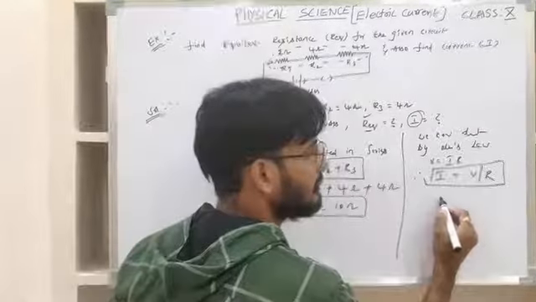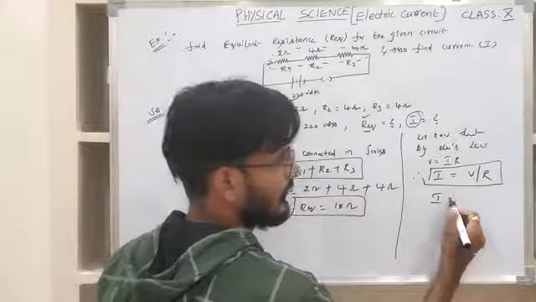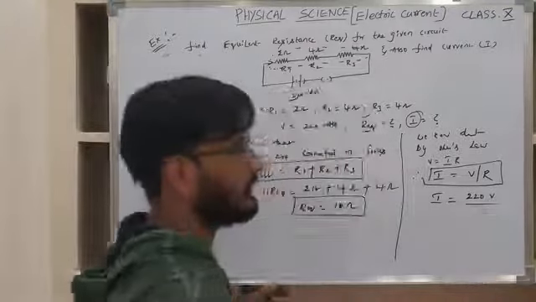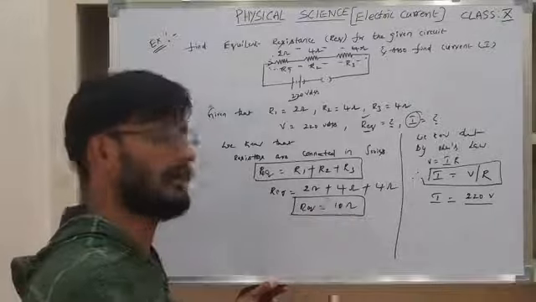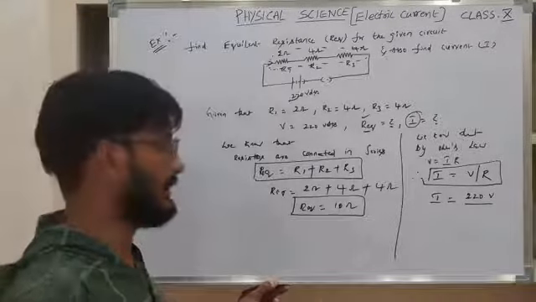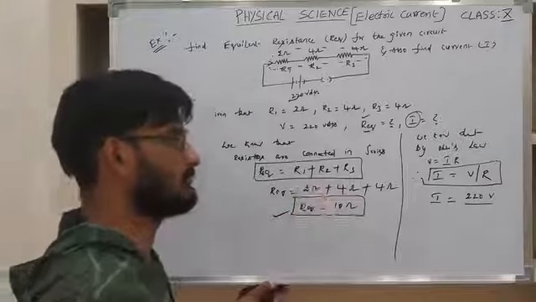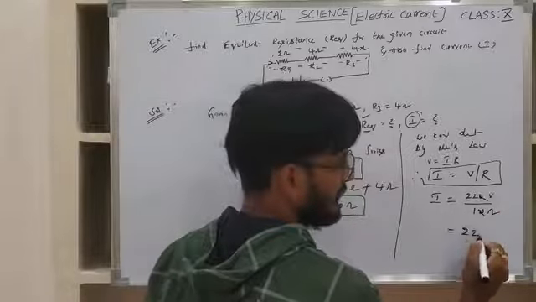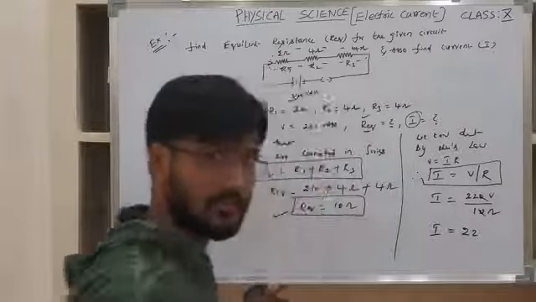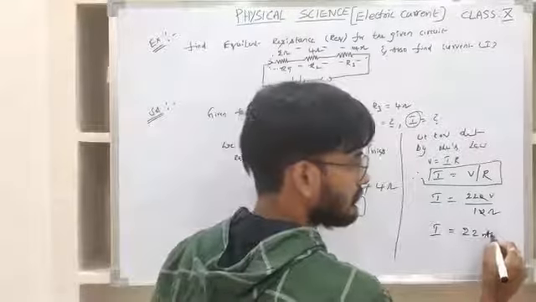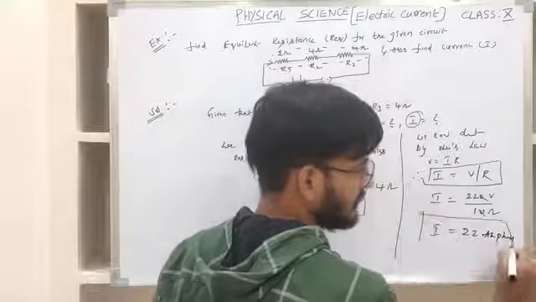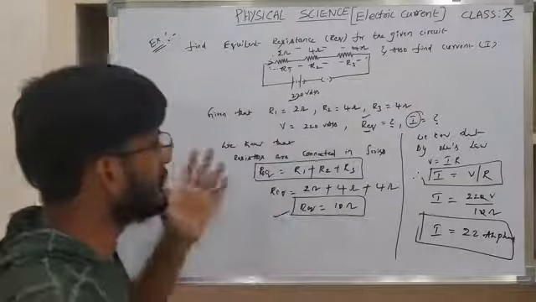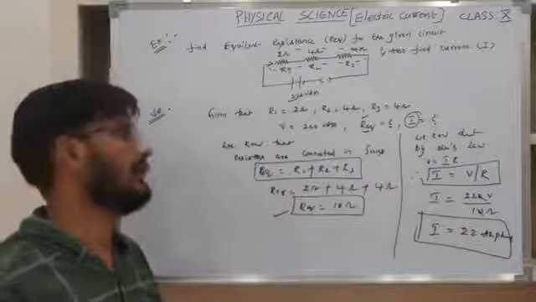So I is equal to 220 volts divided by the equivalent resistance, 10 ohms. The zeros cancel, and finally you get the value 22. What is the SI unit of current? Amperes. So I is equal to 22 amperes. So this is the way of the solution.